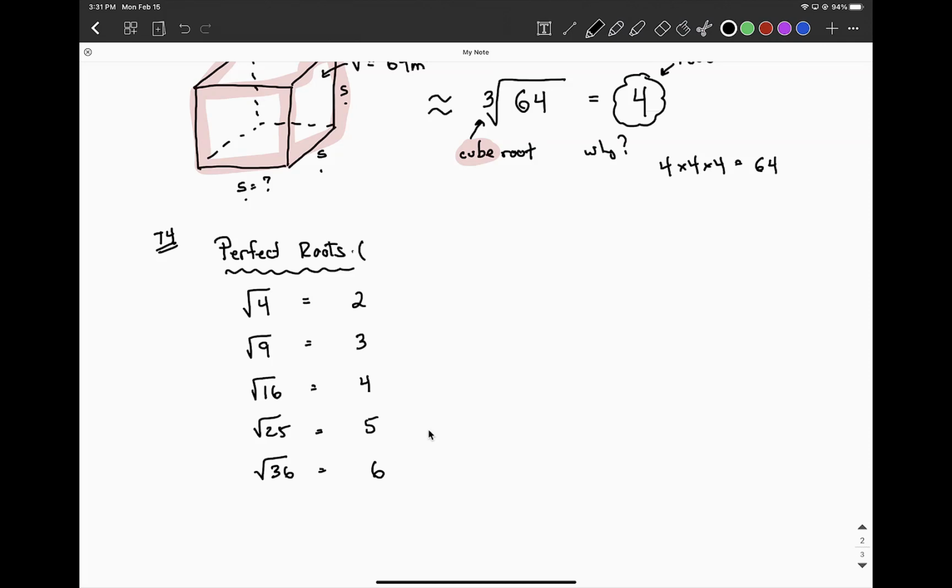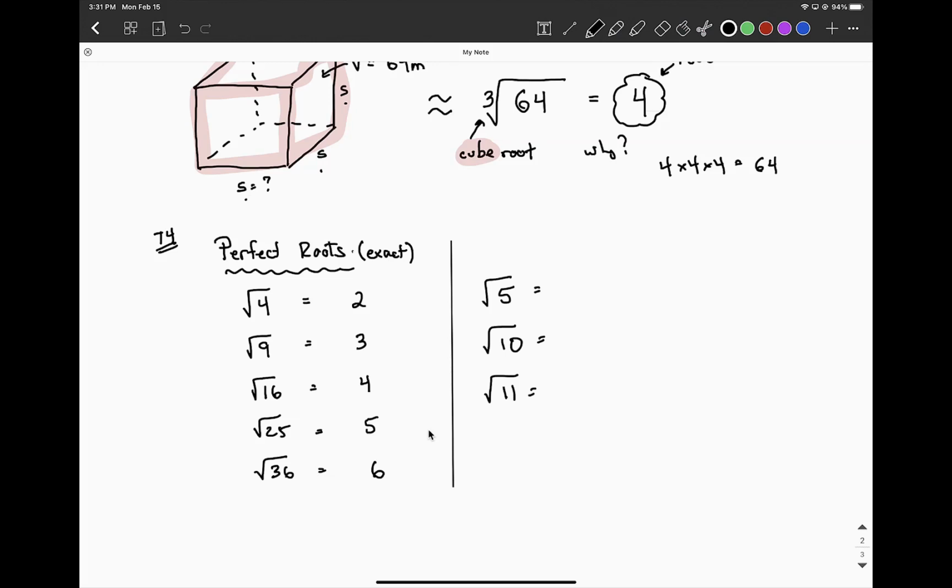These are all perfect roots, as in, when you work them out, they are exact. There's no decimals. It's not awkward. It's not irrational. Perfect roots. Now, completely opposing that are the roots like square root of 5, square root of 10, square root of 11.